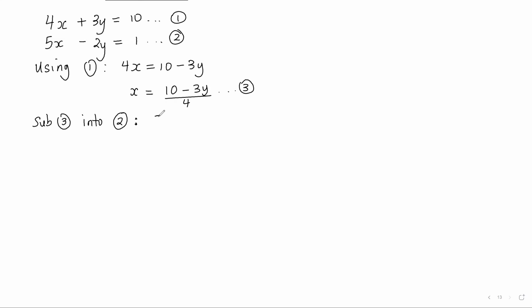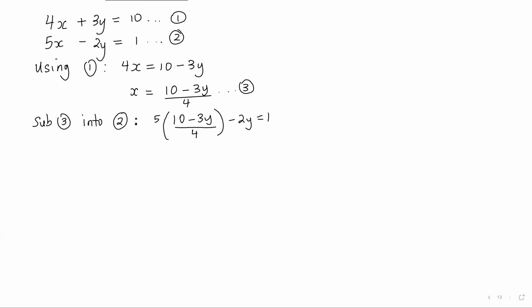So that would be 5 times 10 minus 3y over 4 minus 2y is equal to 1. So this looks awful already. If I had a choice, I would not actually use substitution when the coefficient is not 1, right?